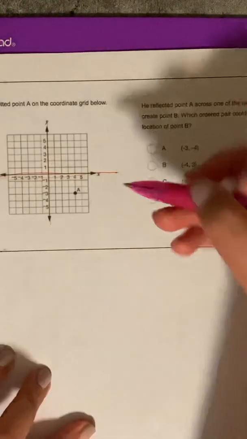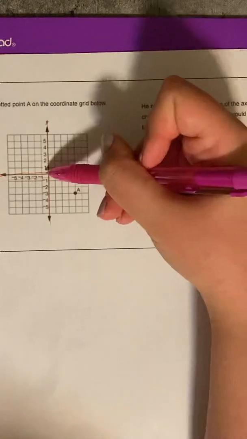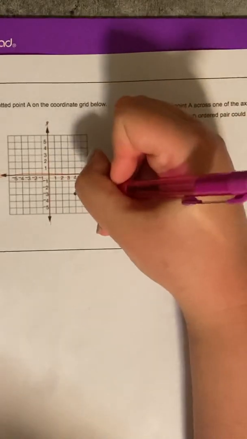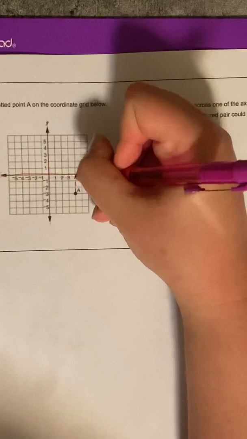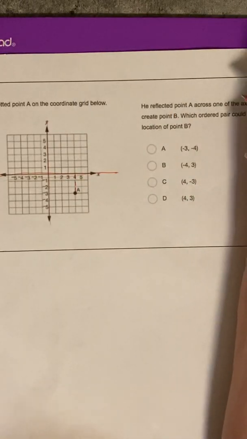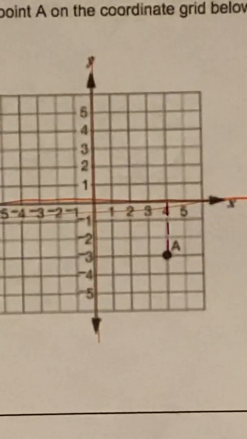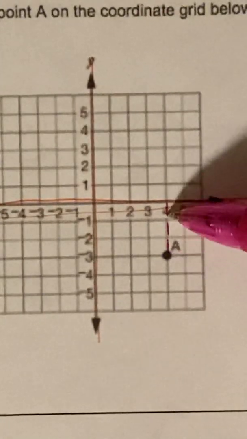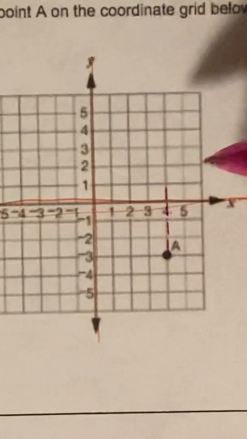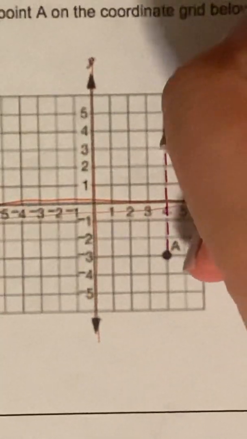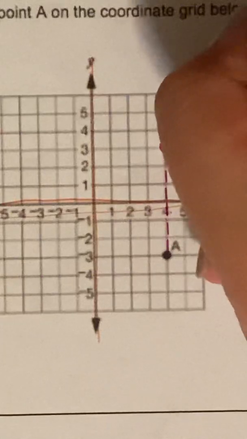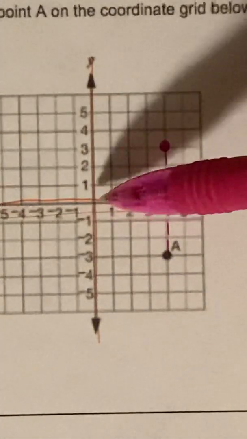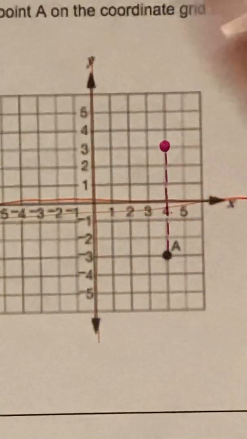How many units away is A from the x-axis? 1, 2, 3. It is 3 units away from the x-axis. So it's also going to be 3 units away on the other side. 1, 2, 3. So when you reflect point A, it could be at (4, 3).